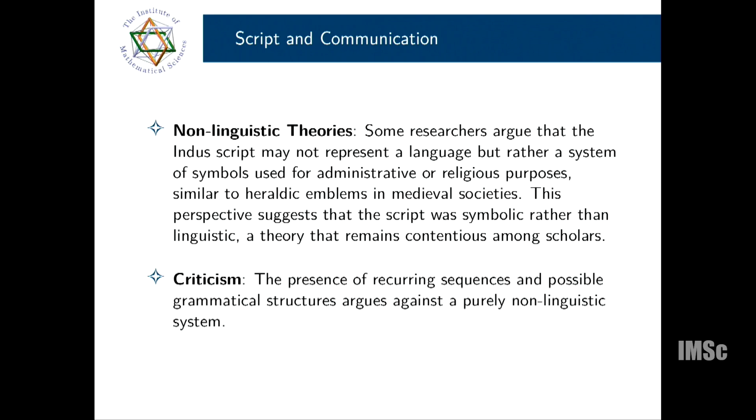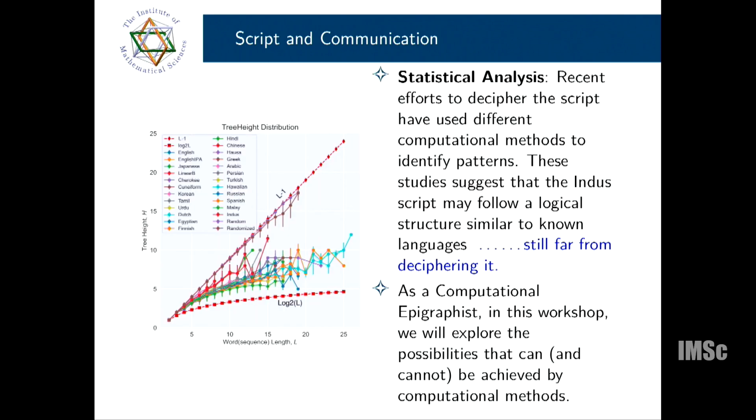What if you start working on statistical properties, the recurrence, the syntax we are getting? That will force you to deny those non-linguistic theories. I'll show you in my later talk what kind of patterns we are getting, as some other groups are also getting.